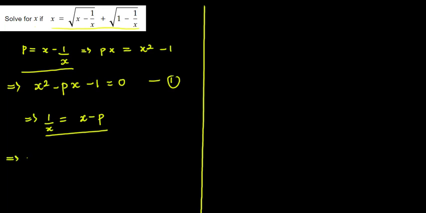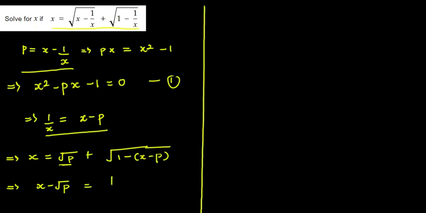So this implies that x will be equal to the square root of p plus the square root of 1 minus x minus p. Then we can move this root p to the other side of the equation. So this implies that x minus root p will be equal to the square root of 1 minus x plus p.